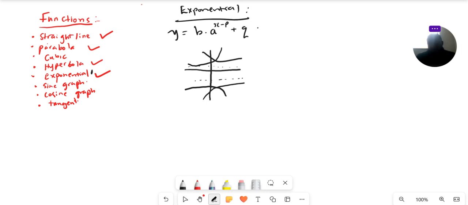So this upper part here is when b is greater than 0, and this is when b is less than 0. I think that's all you need to know when it comes to exponential graphs.